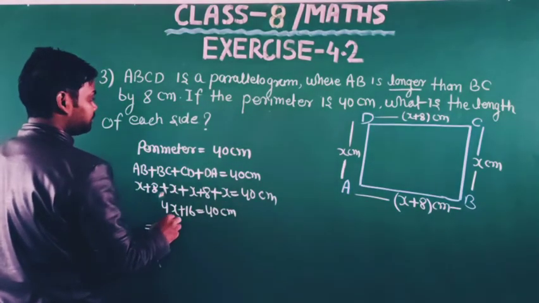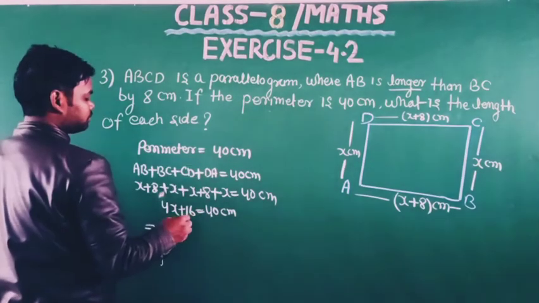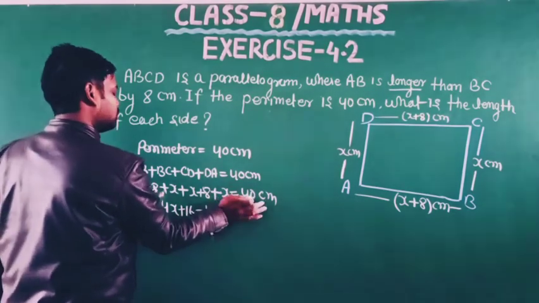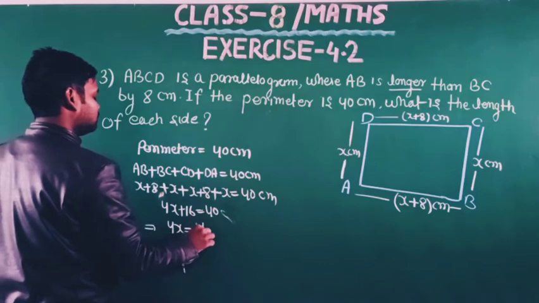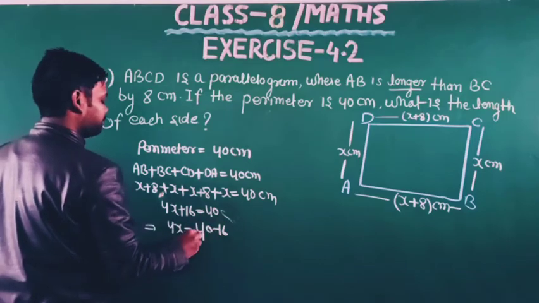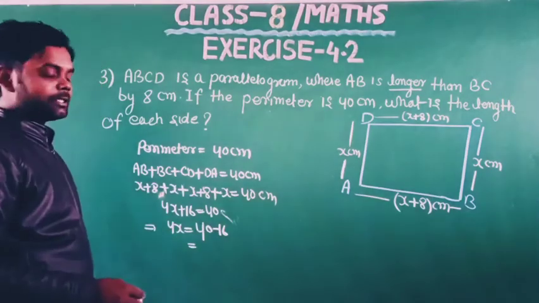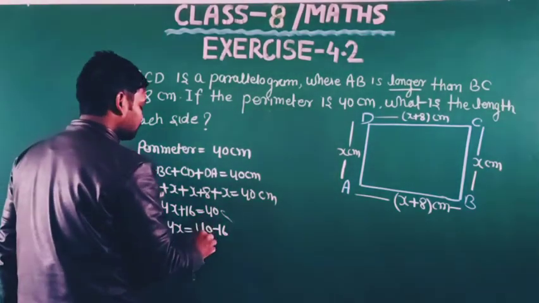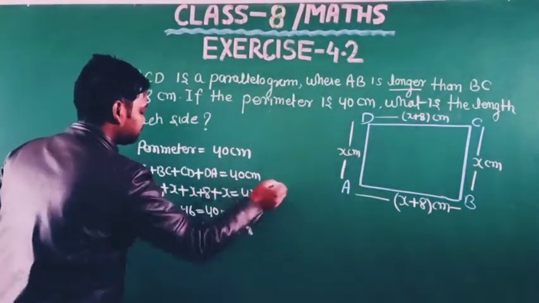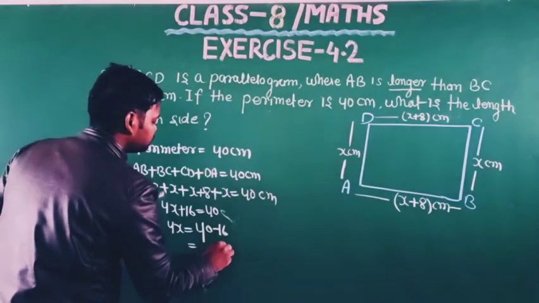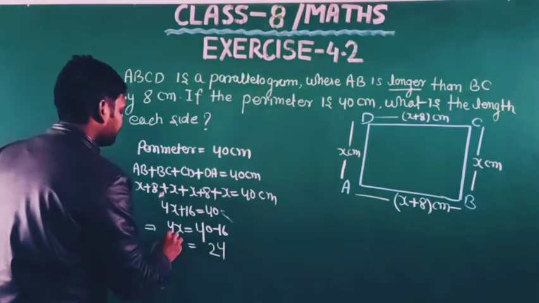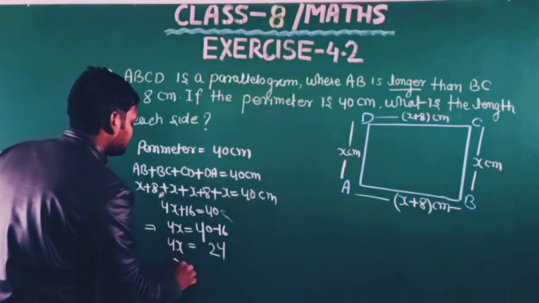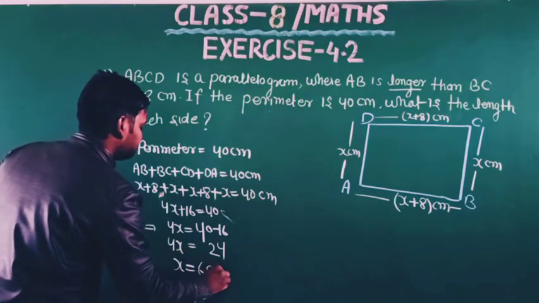This gives 4x plus 16 equal to 40 centimeter. This implies 4x equal to 40 minus 16. 40 minus 16 is 24, and so x equal to 6 centimeter.